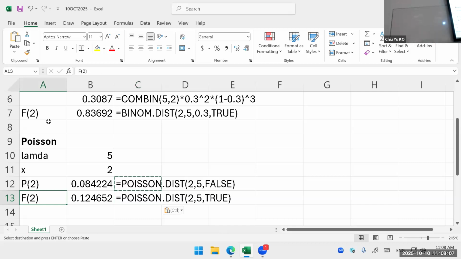If I ask what is the probability that less than or equal to 2 customers would arrive in the next hour, it will follow this answer, because that is the meaning of F: less than or equal to that number.